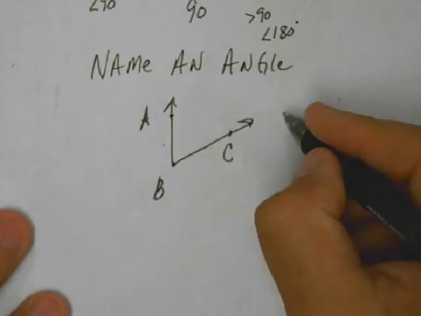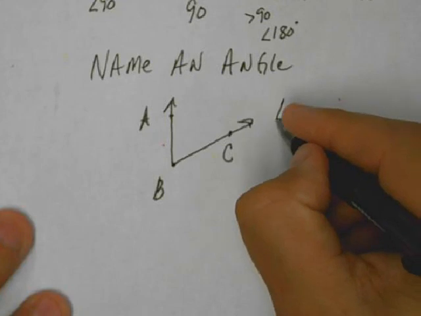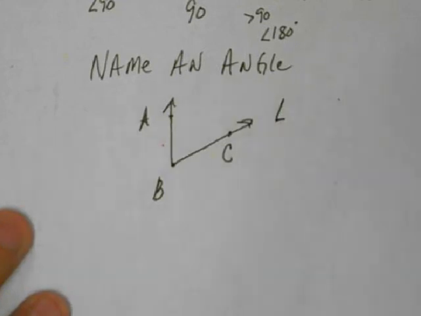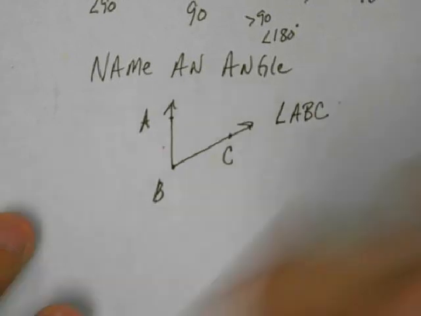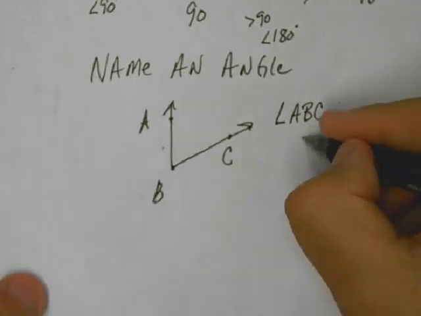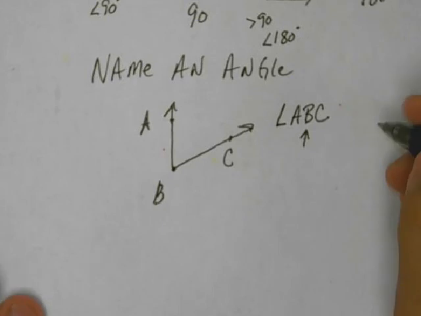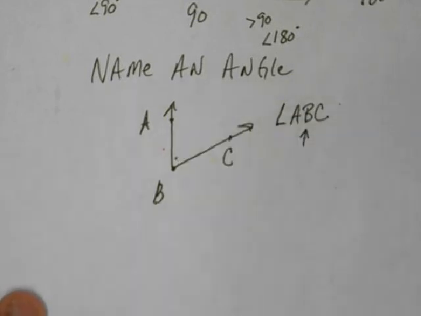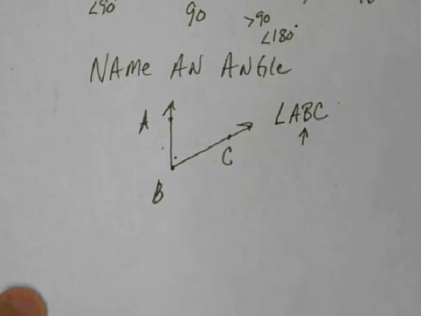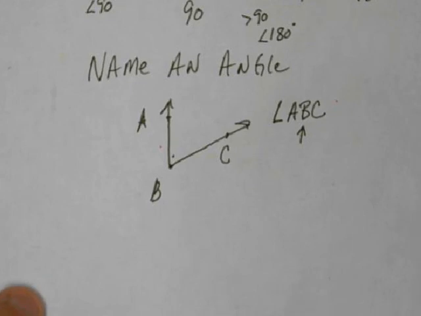The vertex is B. When I name the angle, I use a little angle symbol that looks like a tilted over L, and then I use the 3 letters, and the middle letter is the vertex. Always, forever and ever, the vertex is the middle letter.